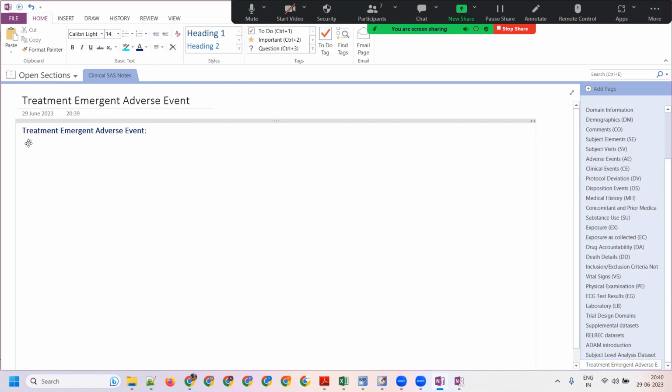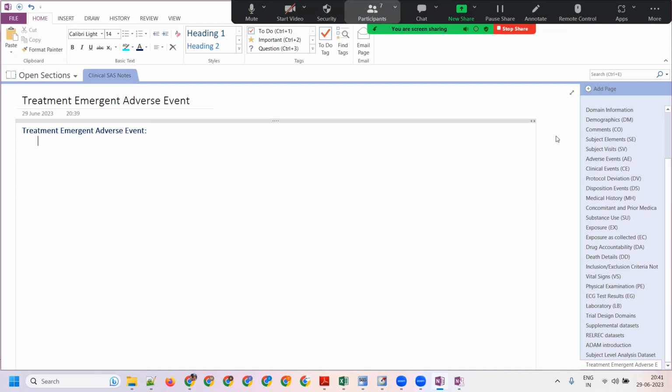Your way of understanding this is any adverse event that happened right after the treatment start date. You can call that a treatment-emergent adverse event. Correct? Can I say that?